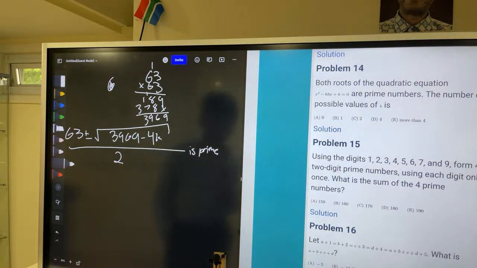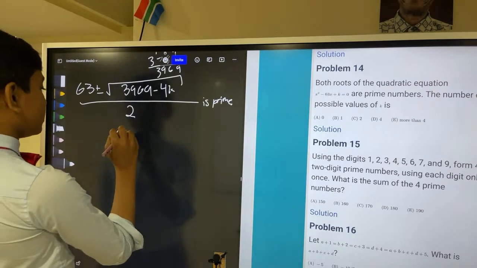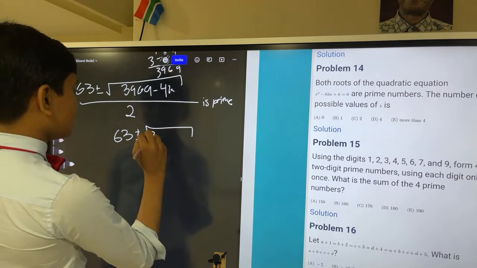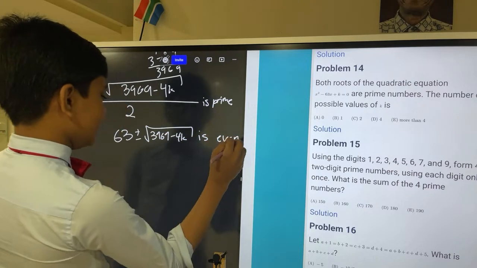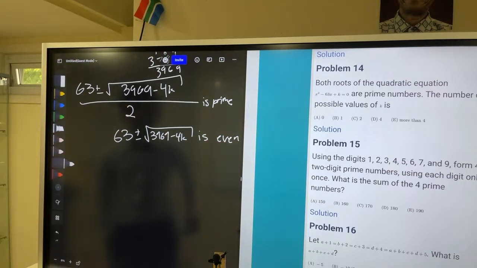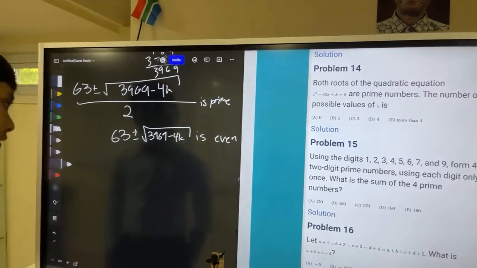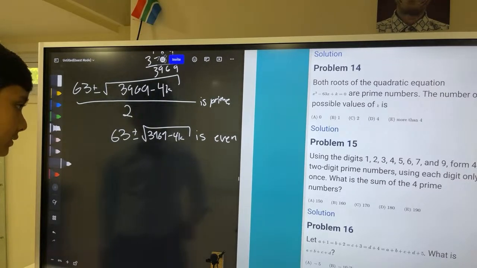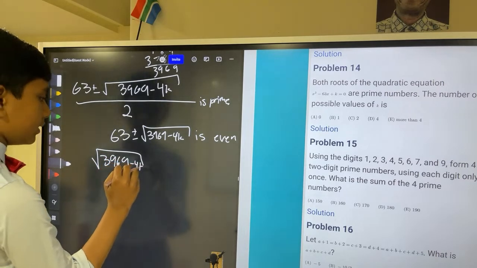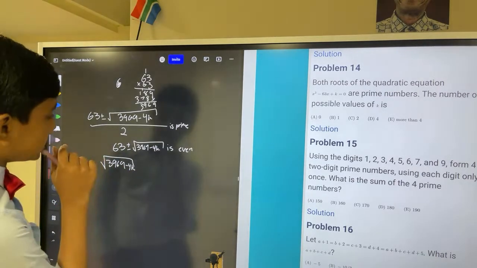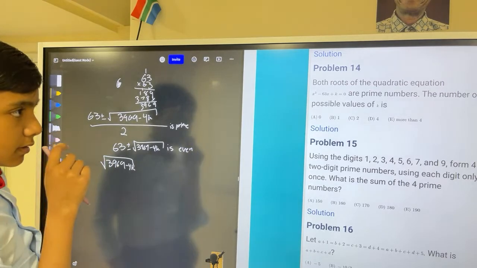So that means that 63 plus or minus this is even. So then, what do we know from that? Well, 63 plus that is even. 63 minus that is even. So 3969 minus 4k. Well, obviously it has to be less than 63, but alright.